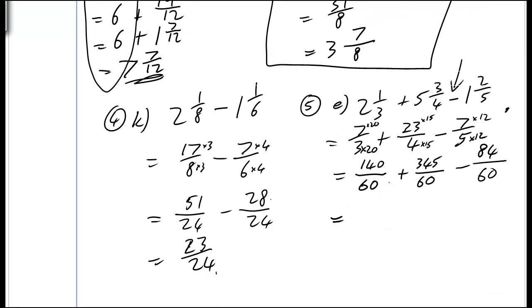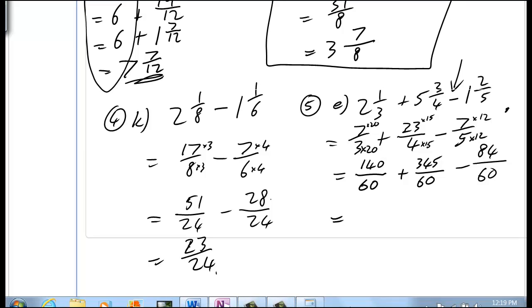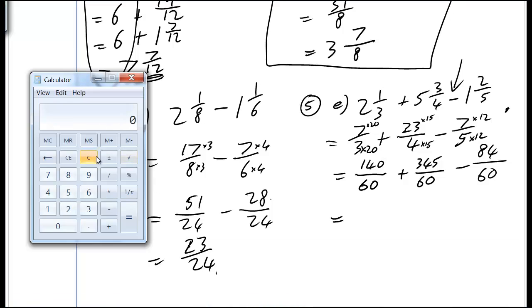All right, so now what we're going to do is add up and subtract the numbers on top. So I will get my calculator for this one. Let's clear it. 140 plus 345 subtract 84. 401.